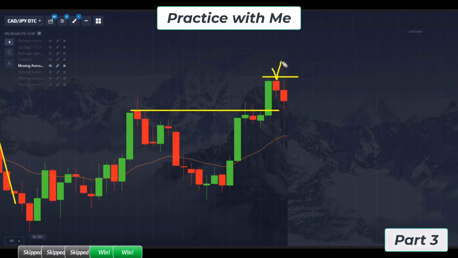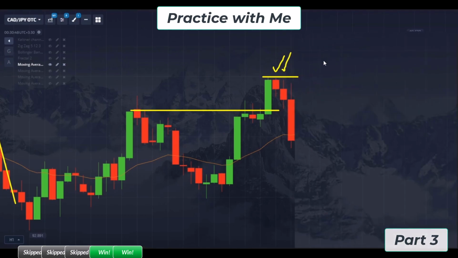So we took this trade and took this trade as well. We wait for the next candle. Apparently this was a fake breakout and exhaustion candle. I told you about exhaustion candles in previous parts. This is also an exhaustion candle, which means that the buyers exhausted here and there are not enough sellers.